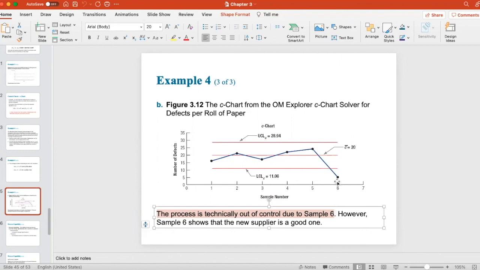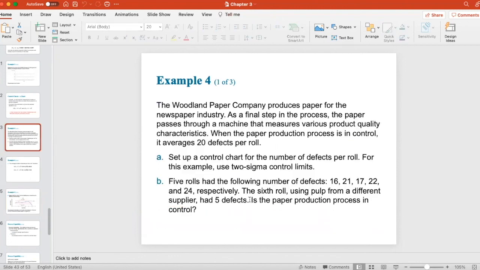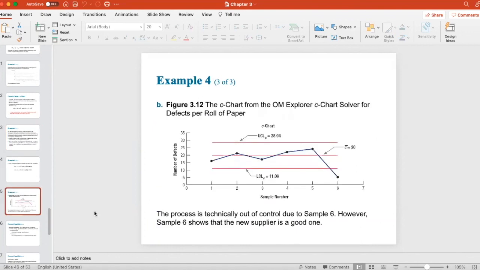Sample 6 means that the number of defective parts in sample 6 is lower than expected. As shown within the context, by changing the supplier, the number of defective products within sample 6 decreased a lot. So is it a good thing or a bad thing? From the manager's perspective, it's actually a good thing.